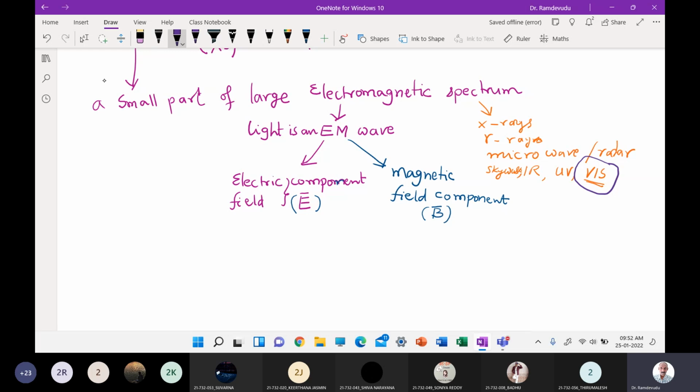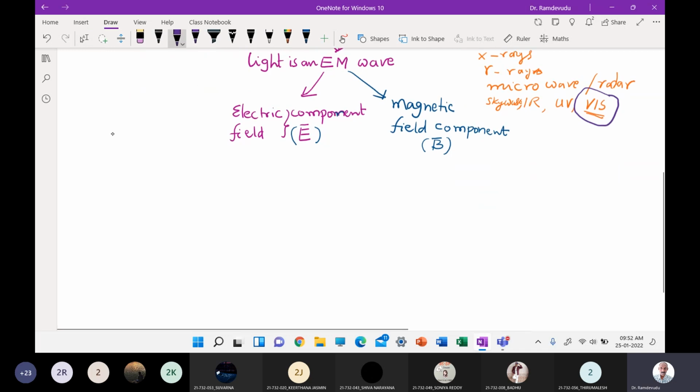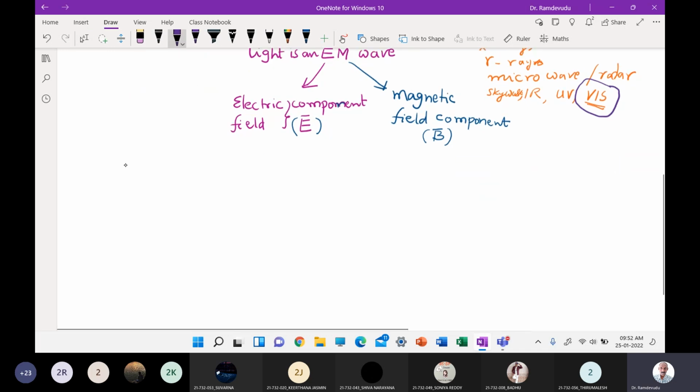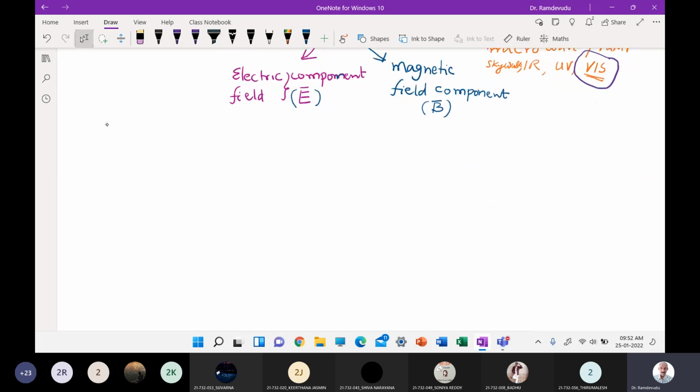Now, when we have an electric field component and a magnetic field component, we say that in ordinary light, or EM waves, you can take it because all light waves are now proved to be electromagnetic waves by Maxwell.